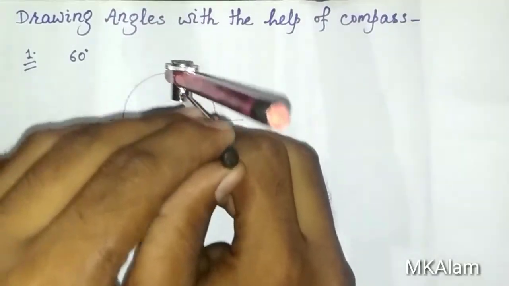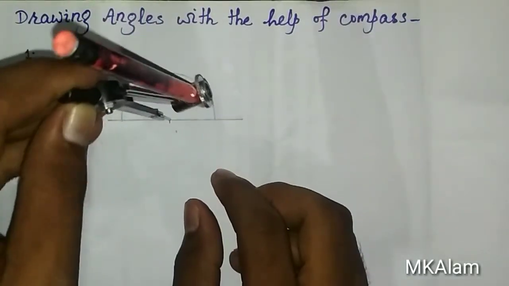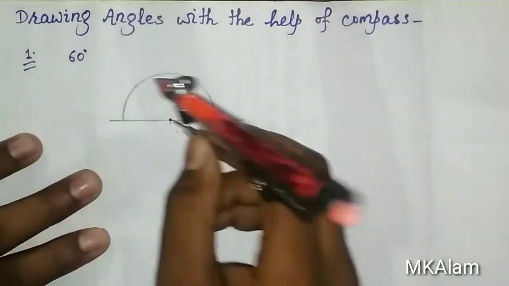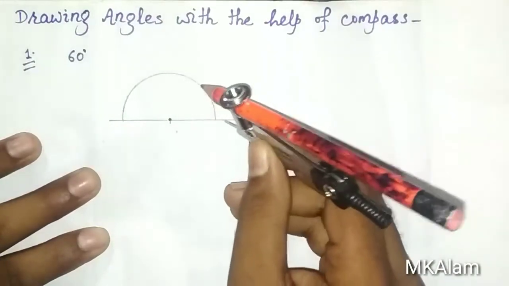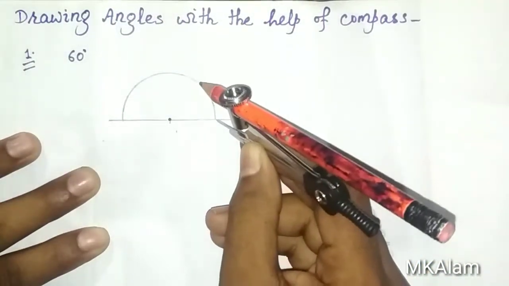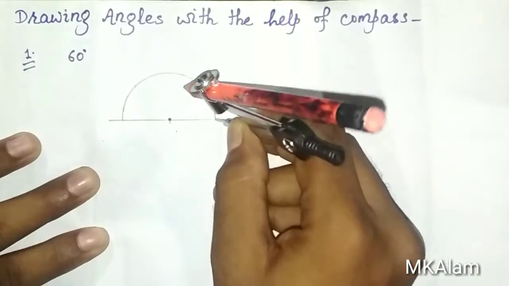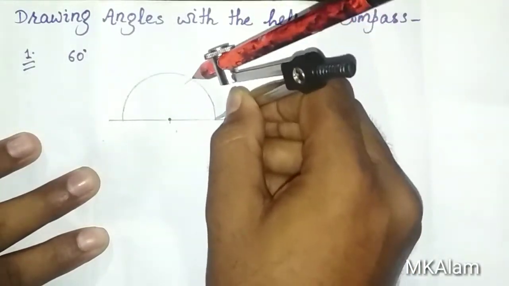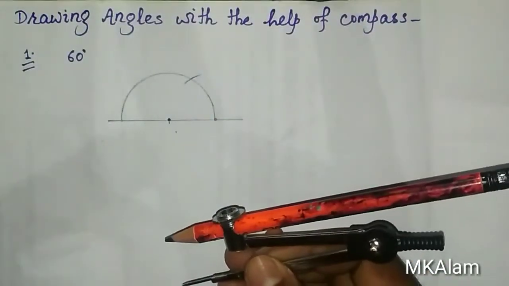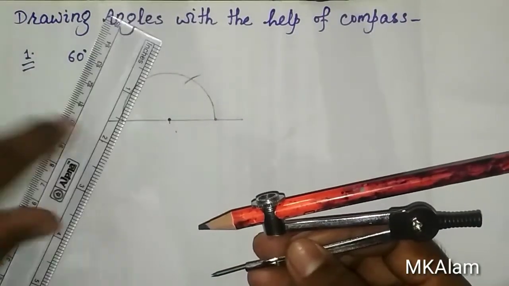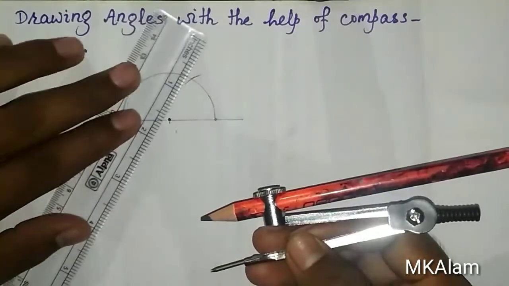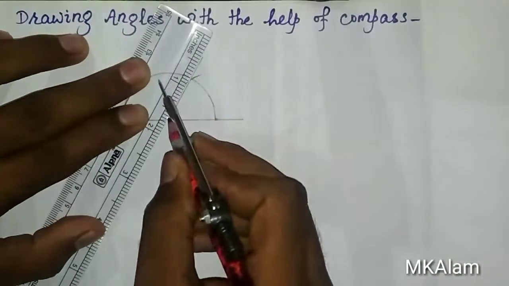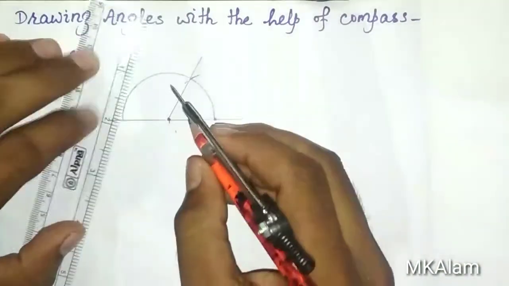This is your semicircle. You can also take a half of this or a little. After this you have to do only one thing: take your needle on this point and cut this semicircle like this. And if you join this point from this point, then you will get this line, and this is your 60-degree angle.